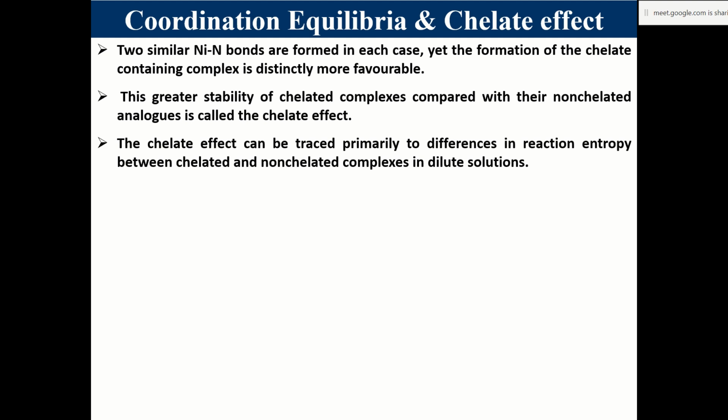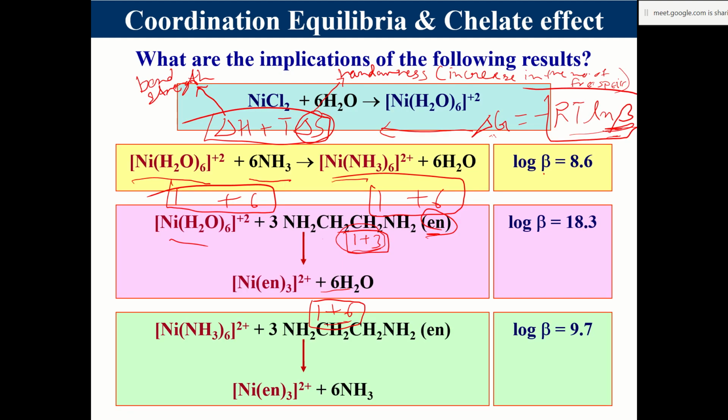We say that the chelate effect is basically that chelate complexes are formed and are much more stable mainly due to the entropy, or the reaction is driven by entropy, because there is not much difference in the bond strength. For example, the third one that we had considered: nickel nitrogen bonds on the left hand side, reactant side, and nickel nitrogen bonds on the right hand side.